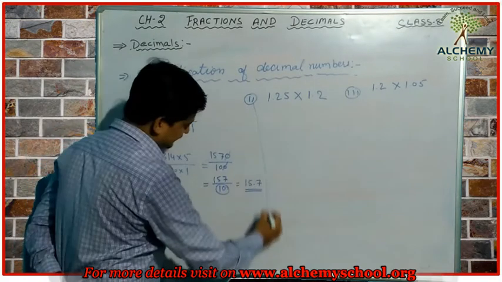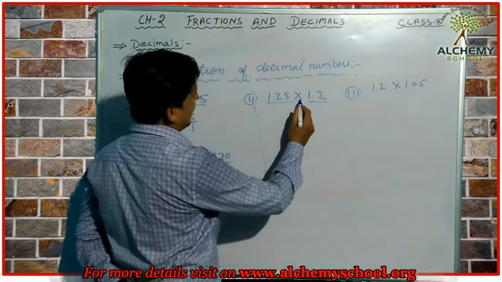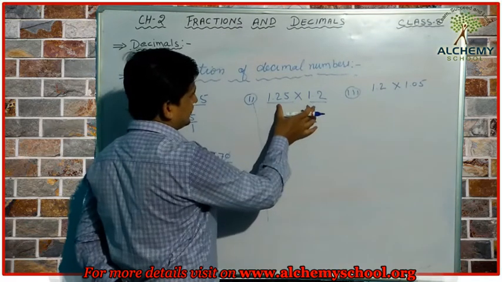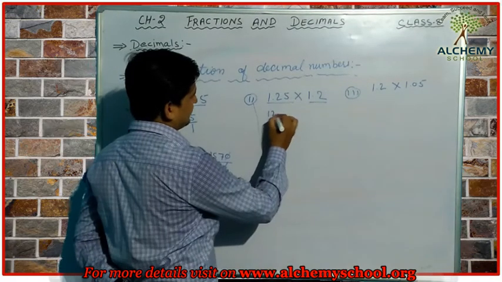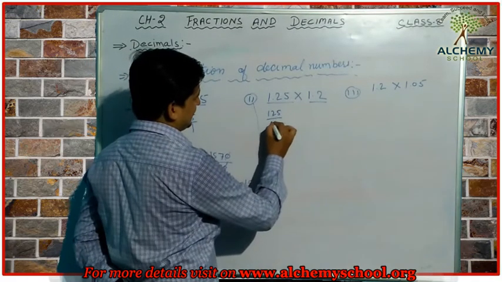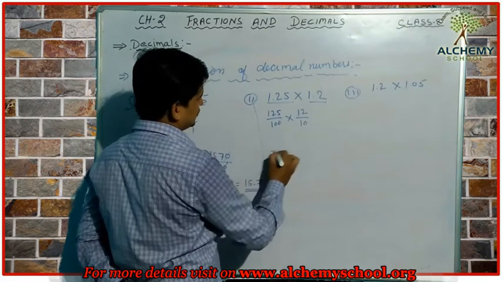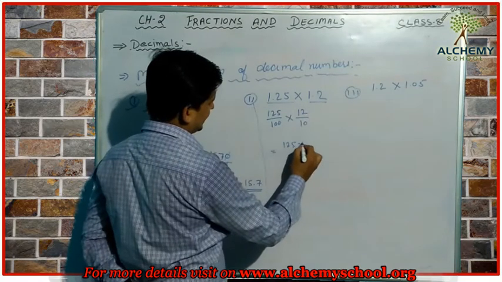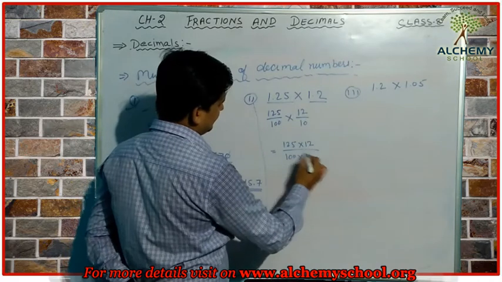Now the second question: we have two decimals here, 1.25 multiplied by 1.2. Same way we can convert these two given decimal numbers into fractions. So we can write 125 upon 100 multiplied by 12 upon 10. So we can multiply 125 by 12 and we can multiply 100 by 10.